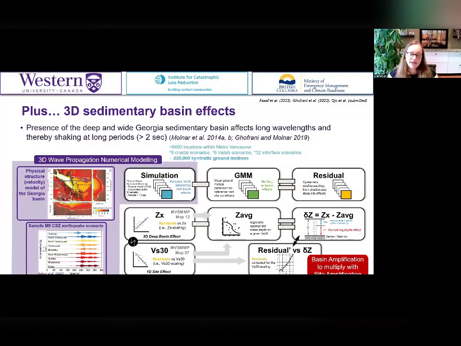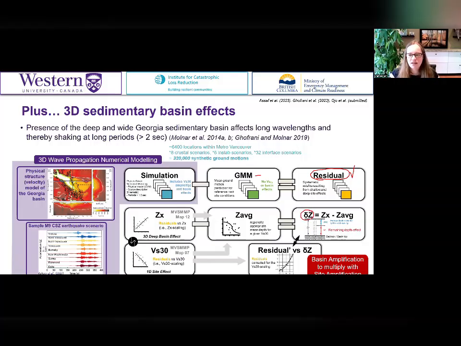So we don't want to double count how much amplification happens from the basin. So we subtract what we would expect from one-dimensional site amplification to find out how much amplification is happening from the basin. So we find out the amount that we can apply. But where does it apply?